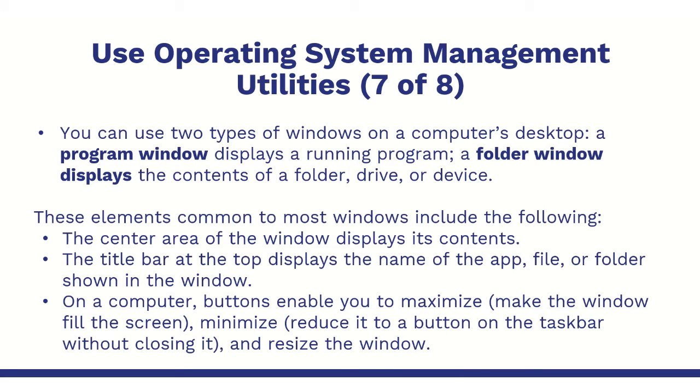You can use two types of windows on a computer desktop, a program window or a folder window. The program window displays a running program. For example, in a Linux operating system, you can have a terminal.